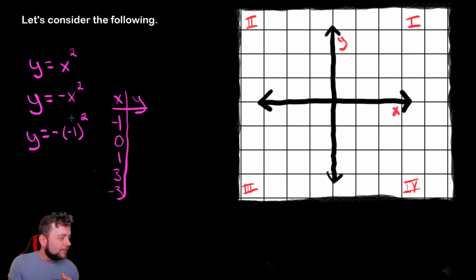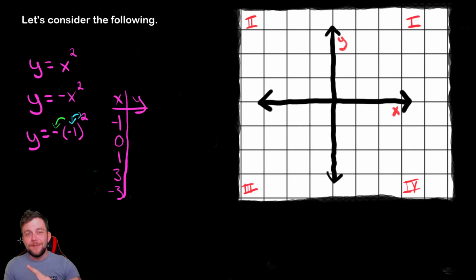You do what's inside of here first, with our squared value, the power of 2, and then you do this second part. So you get a negative number back out. The answer would be -1. 0 still stays 0, because 0 times anything is 0. 1 also goes to -1.